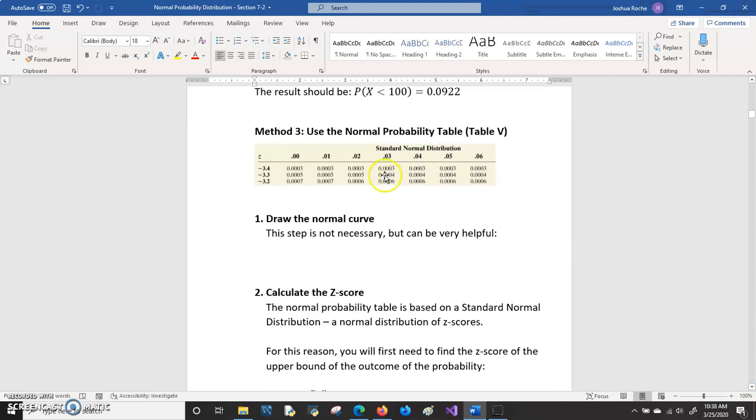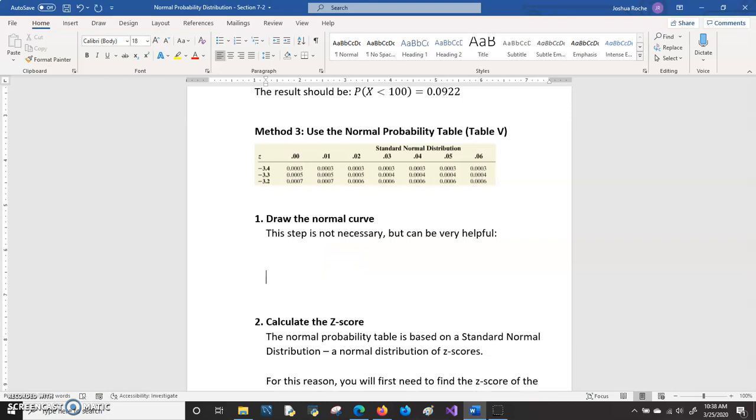So another way to solve this problem is to use a table. If you're doing it this way, it still helps to draw out that normal curve. I'm going to draw it one more time. Around there, for anything less than 100, so I'll shade it on that side.